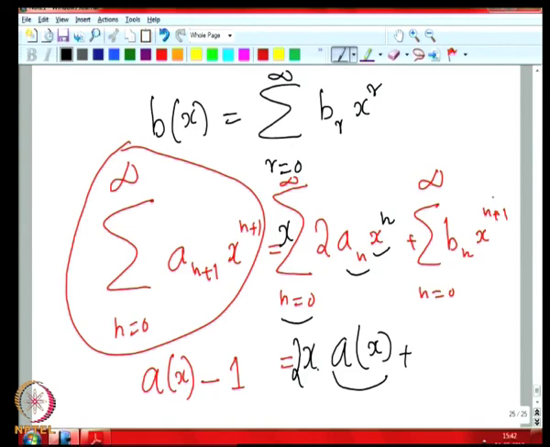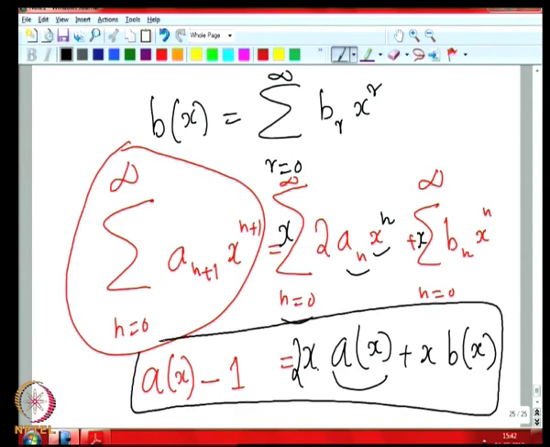Similarly here x comes out, and from n equal to 0 to infinity, b n into x raised to n is b of x, so this is x into b of x. So this is what we get: a of x minus 1 is equal to 2x into a of x plus x into b of x. This is my first equation.